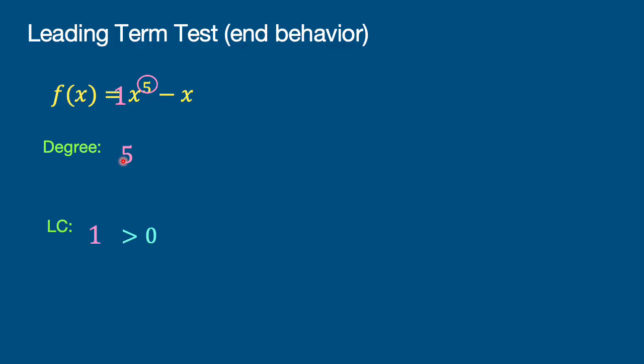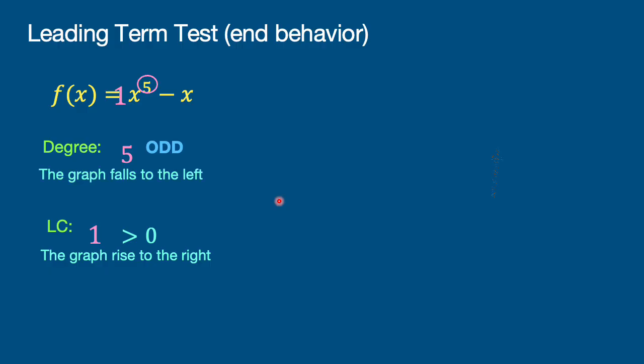So can you guess, this is positive? Meaning the right side goes up, right? The degree is odd, so the left side goes the opposite way, down. That's the graph. The right side is up, the left side goes down.